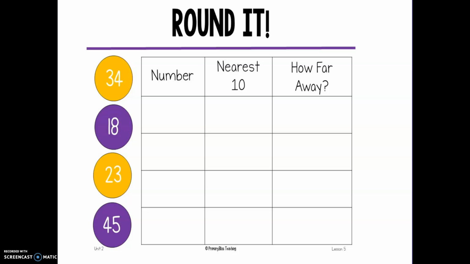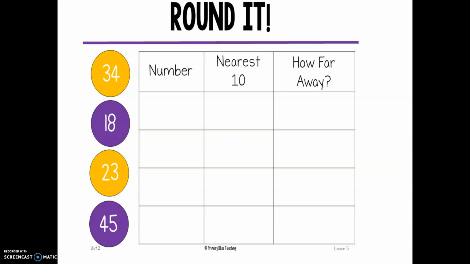Okay? So, let's start first with the number 34. Let's get this on writing. Here we go. 34. All right, so let's think, what is 34 to the nearest 10? Well, I know it's between 30 and 40, and it's 34.